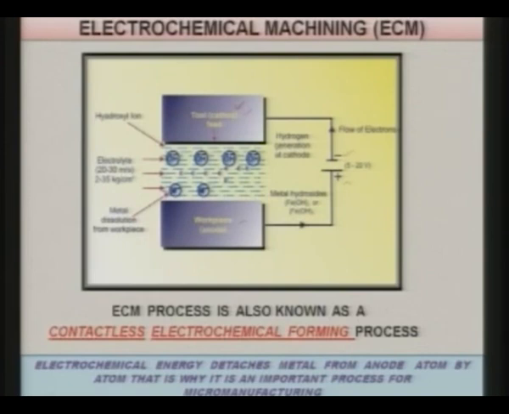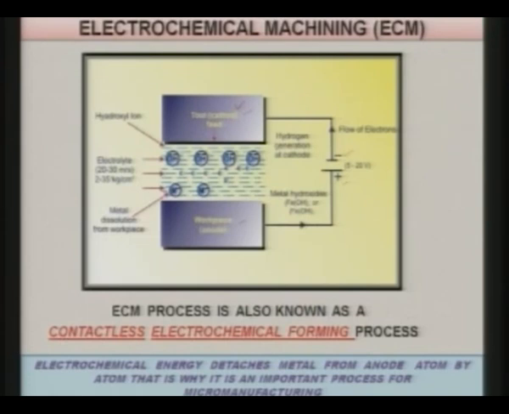During the electrolysis, the electrolyte flows at a high velocity, which may range between 20 to 30 meters per second, and the pressure for flowing the electrolyte at such a high velocity is normally between 2 to 35 kilogram per centimeter square.